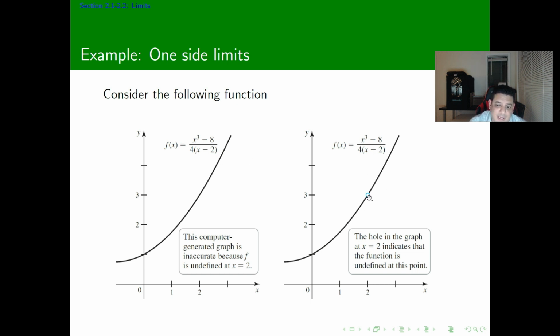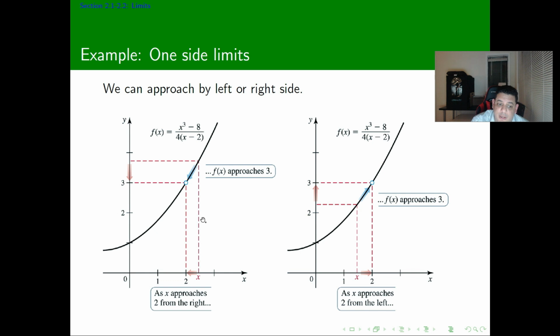And so at this point, this 2 is not defined in there. It doesn't look, apparently from the graph, that this is going to be an asymptote. So in this case, what most likely happens is that the limit is going to be 3.